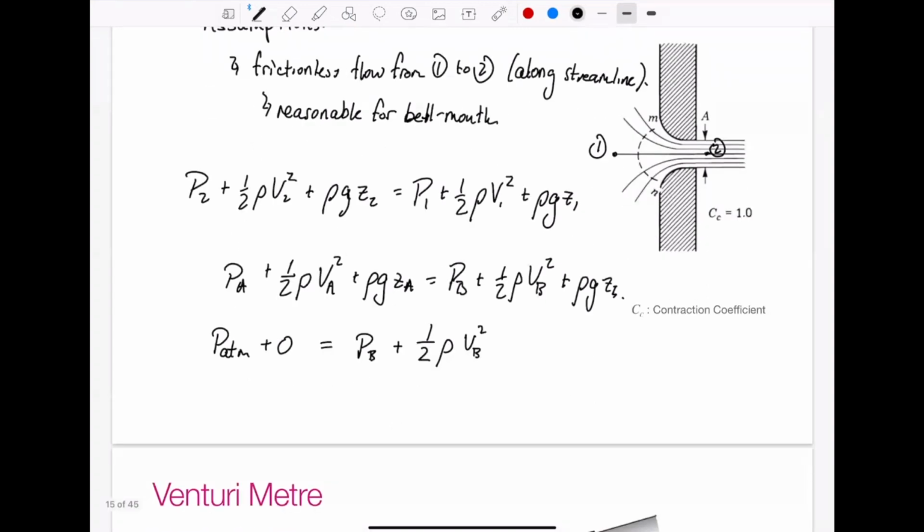So just like with our pitot system, we have VB equal to the square root of 2 times P atmosphere minus PB over the density of the fluid.